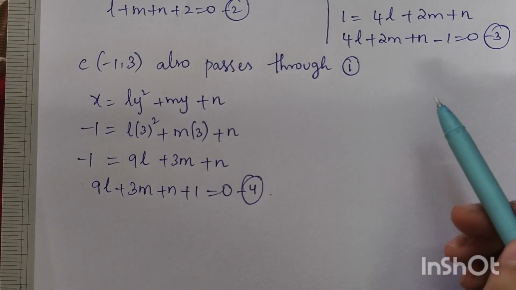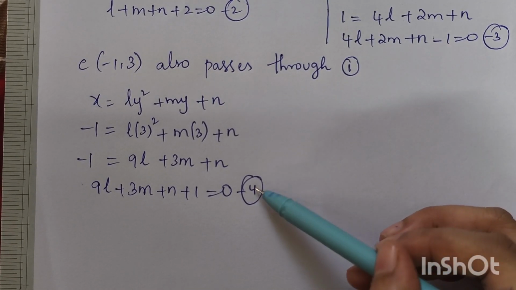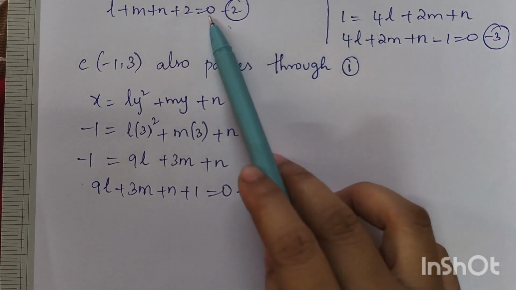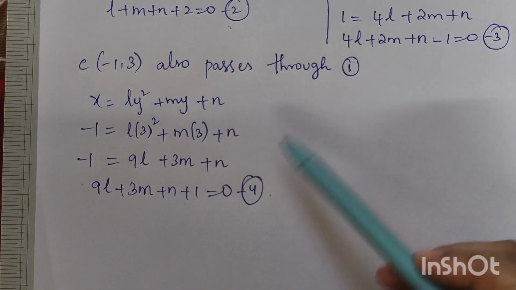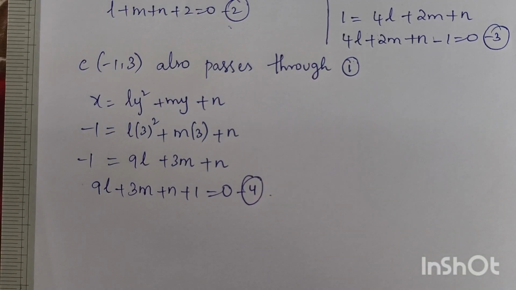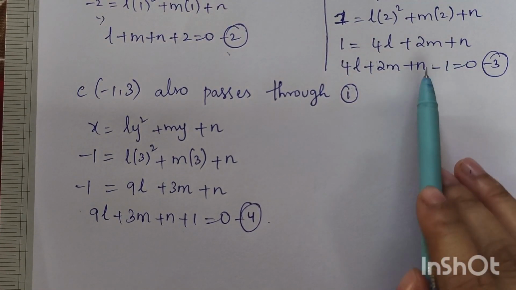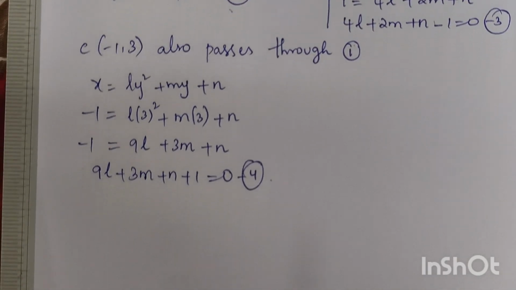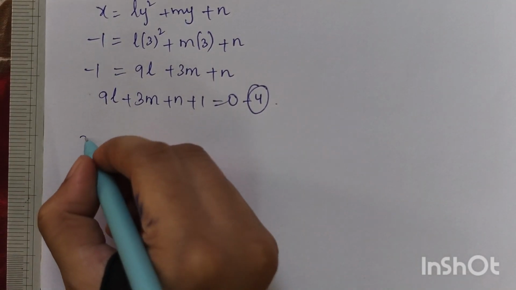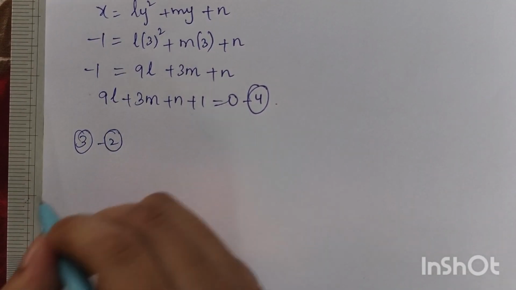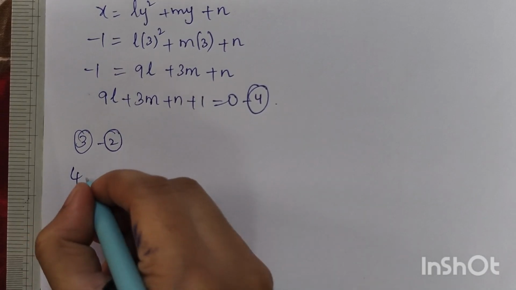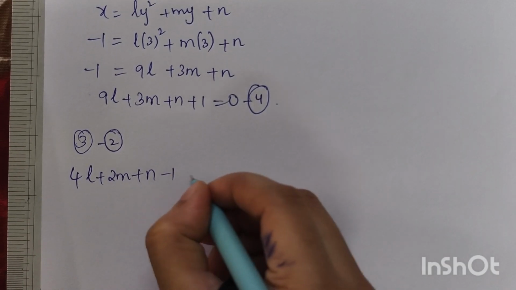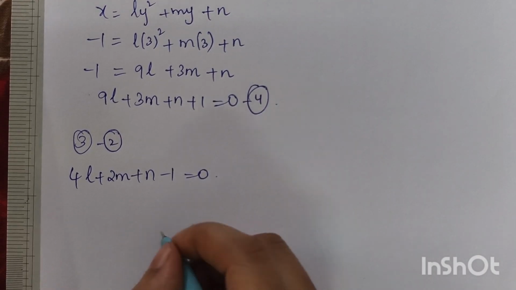Now we should subtract 3 and 2, and 3 and 4 also, so we can eliminate the n here. Third equation minus the second equation: 4l + 2m + n - 1 = 0, the third equation.